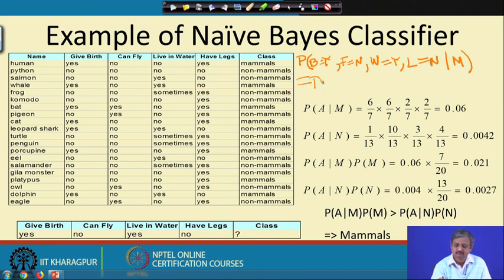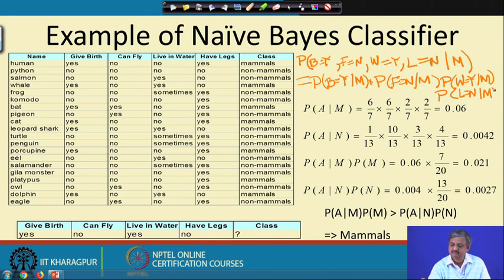That means, probability birth equal to yes given mammal, into probability fly equal to no given mammal, into probability water equal to yes given mammal, into probability legs equal to no given mammal.